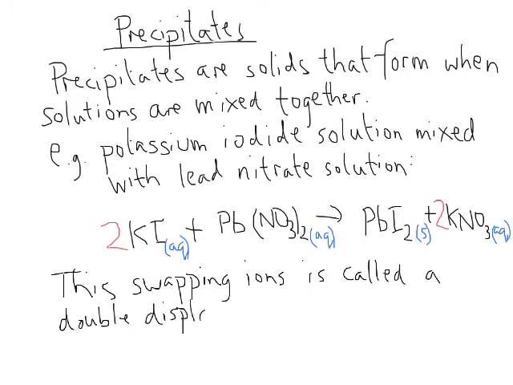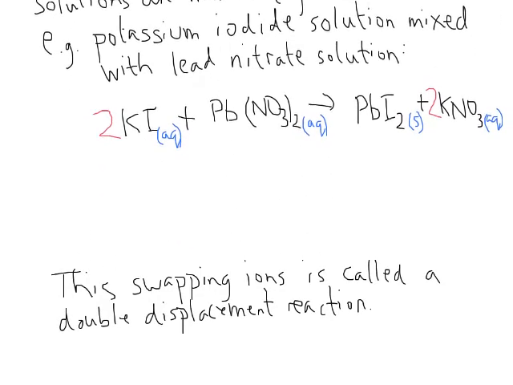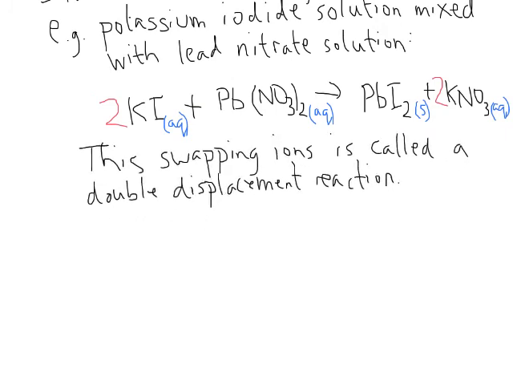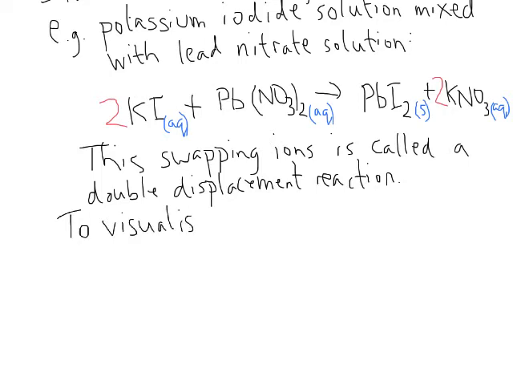So precipitate reactions are double displacement reactions. Now let's move all of this up. And to visualize it, this is how I would visualize it. So this is a good bit of notes to take.